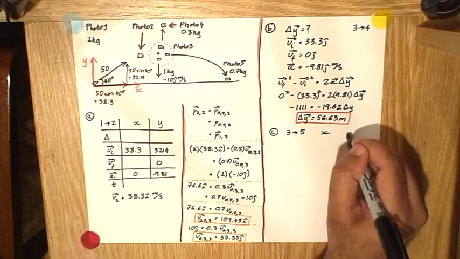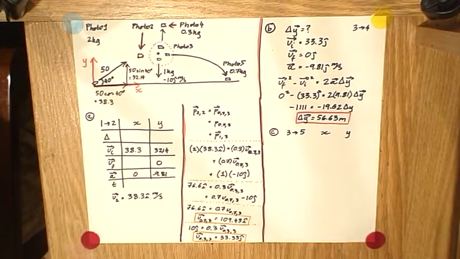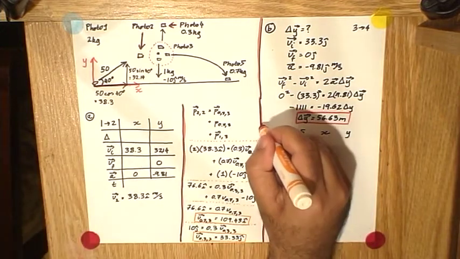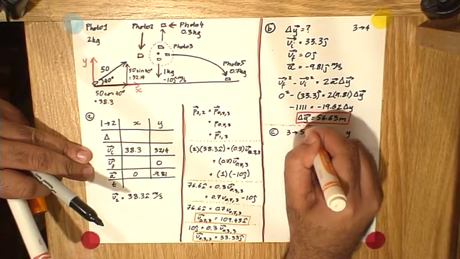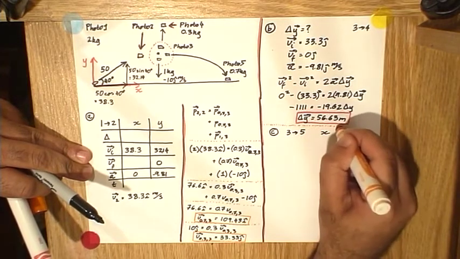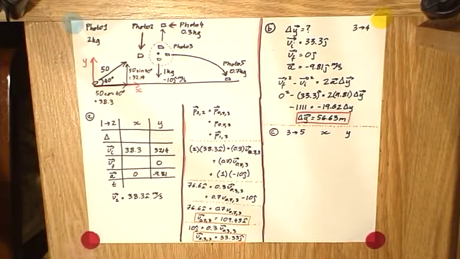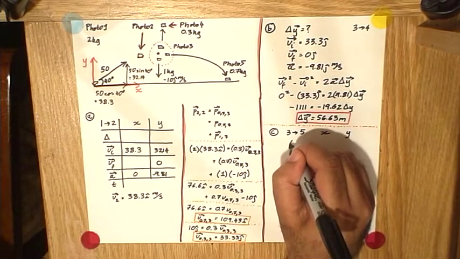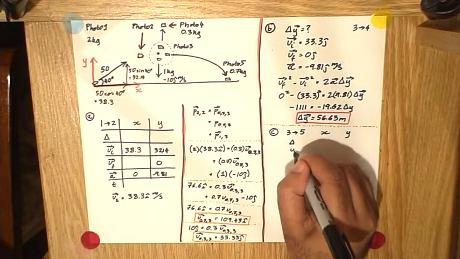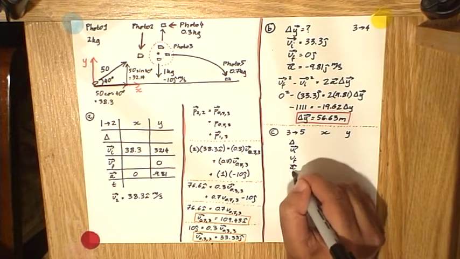It's going to include X and it's going to include Y. I'm going to draw another dashed line over here. And we're going to fill in the rest of our table: the displacement, the initial velocity, the final velocity, the acceleration, and the time.